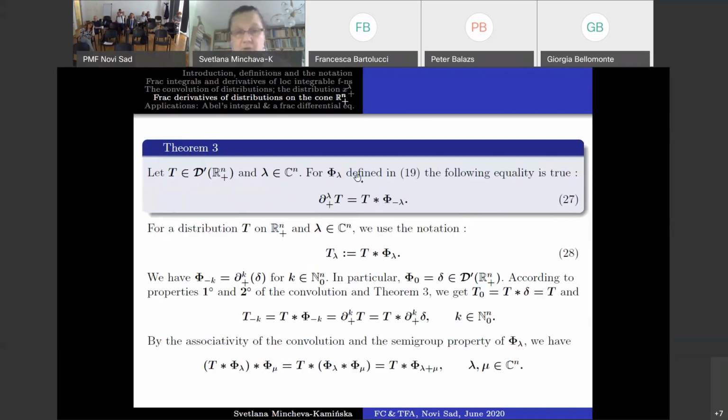Then we show that these derivatives may have the respective convolutional form, given in this formula: the derivative of complex order lambda is just the convolution of this distribution with the generalized function phi minus lambda.